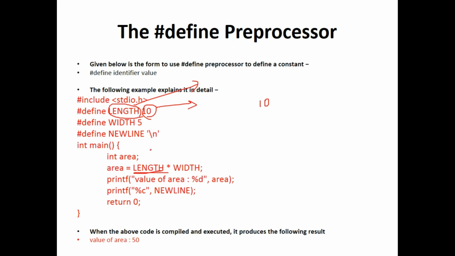Whenever I write length, it is assumed as 10. Whenever I write width, it is assumed as 5. So this is #define. The format for #define is #define identifier and the value or expression.